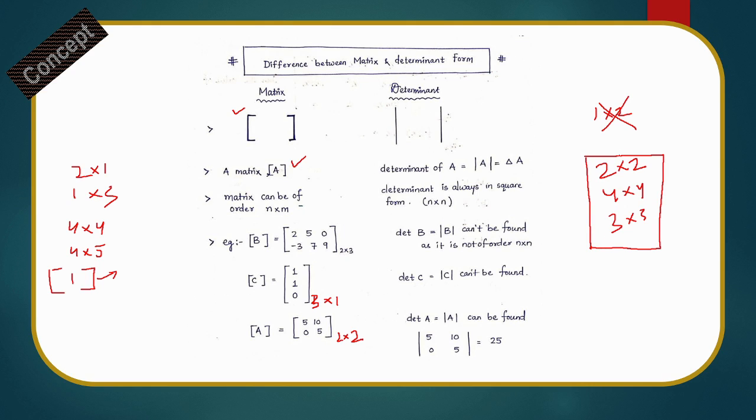The orders should be like 2 cross 2, 4 cross 4, 3 cross 3, like this. Again here the C matrix is 3 cross 1, so the determinant of C cannot be found, but the determinant of A can be found because it is a 2 cross 2 matrix, and the determinant value is, as you know, 5 into 5, 25, minus 0 into 10, equal to 25.